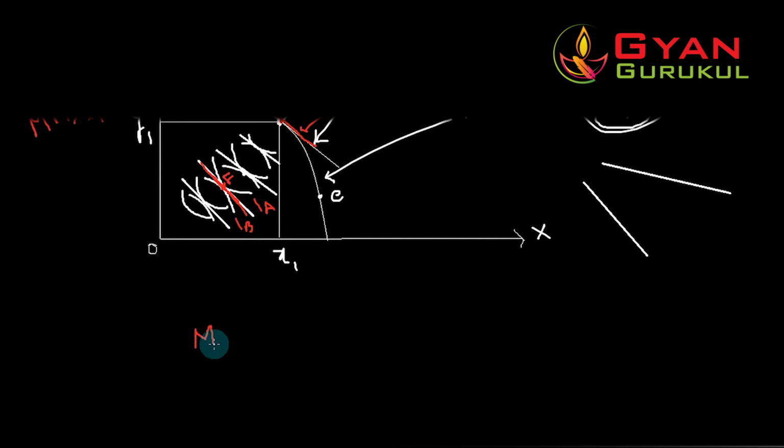This criteria says that at a point of equilibrium, the marginal rate of transformation of both the two commodities, X and Y, should be equal to the marginal rate of substitution of X and Y for consumer A, and it should again be equal to the marginal rate of substitution for consumer B, right?